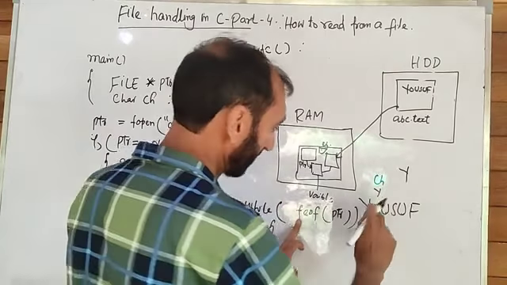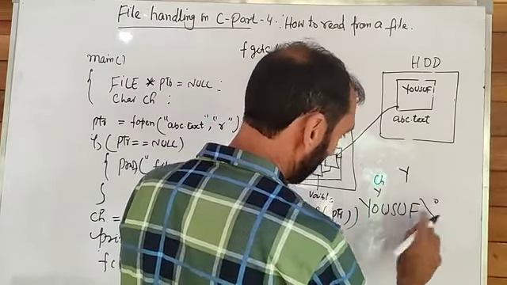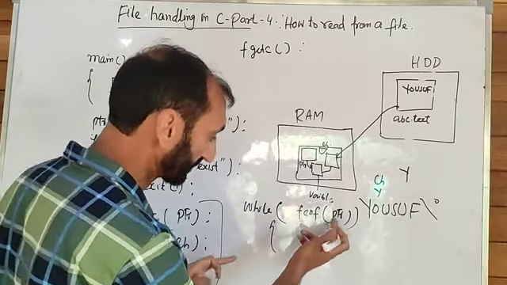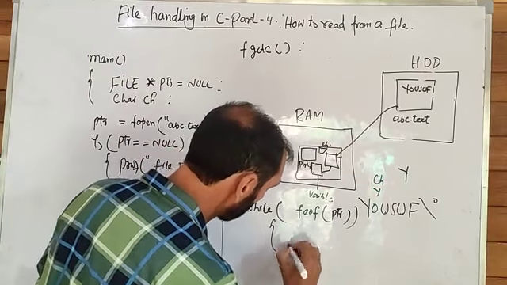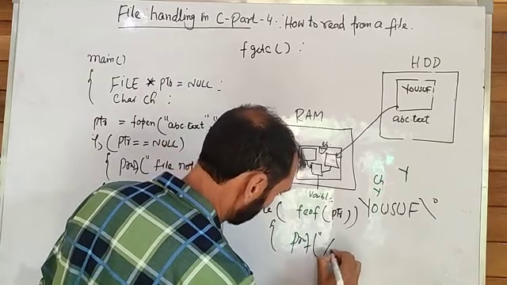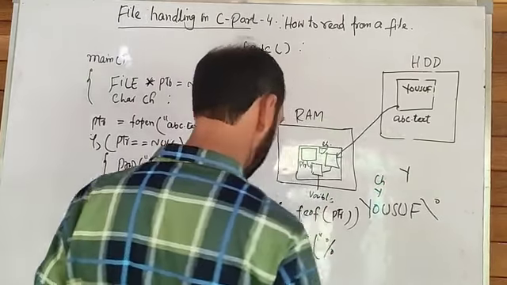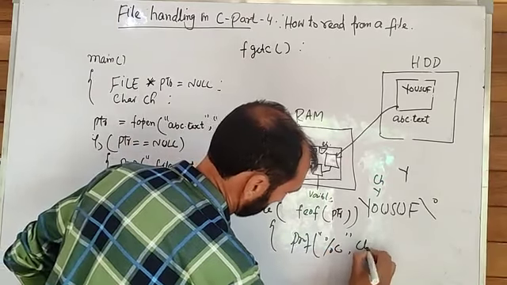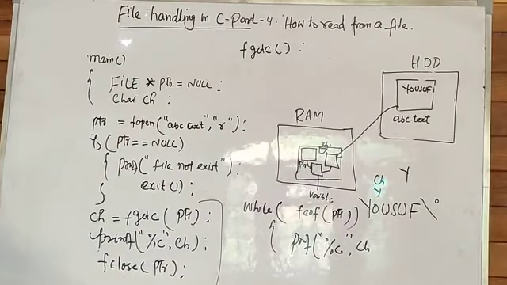What is end of file? End of file is a /0, that means the null character. Until the null character is reached, print ptr, printf, we can simply use %c ch.